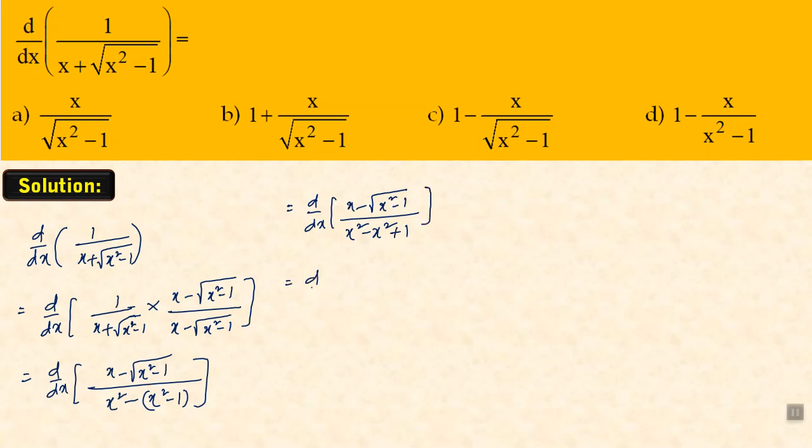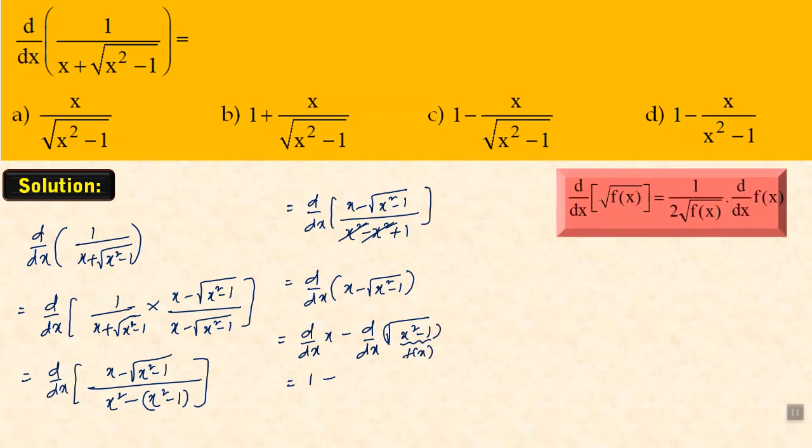This equals to d by dx of, here plus x square minus x square get cancelled, x minus square root of x square minus 1. This equals to d by dx of x minus d by dx of square root of x square minus 1. This equals to d by dx of x is 1 minus, here consider x square minus 1 as f of x.